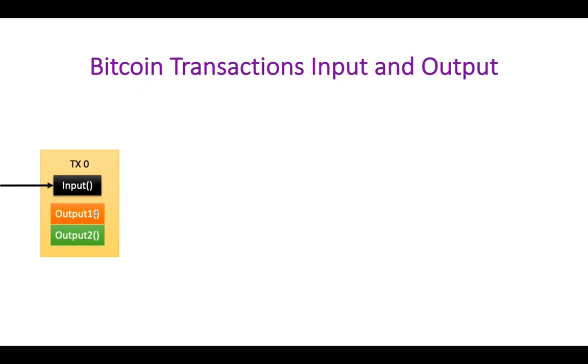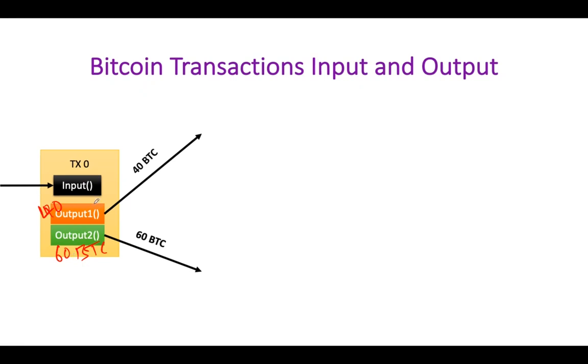So in this zeroth transaction, the 40 Bitcoins which are created here are now ready to spend. The 60 Bitcoins which are created or deposited are also ready to spend now.